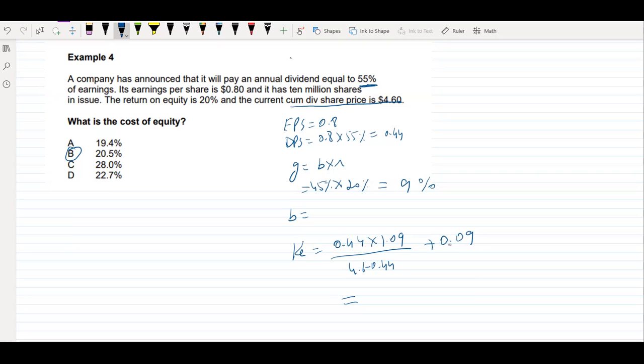Do you have any question? Okay, I will explain the DPS. It is cum-dividend market value. We should always use ex-dividend market value.